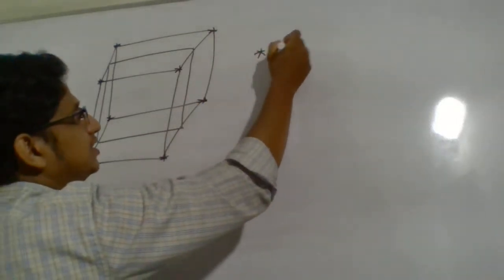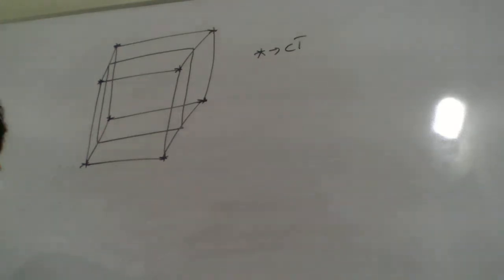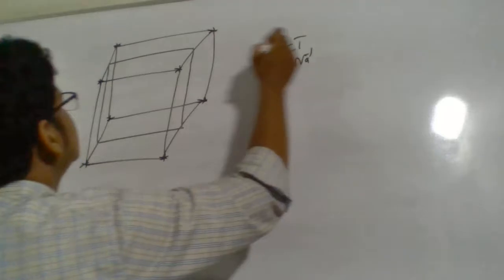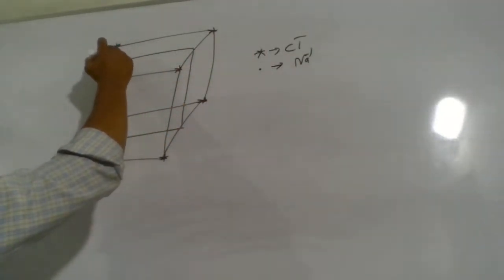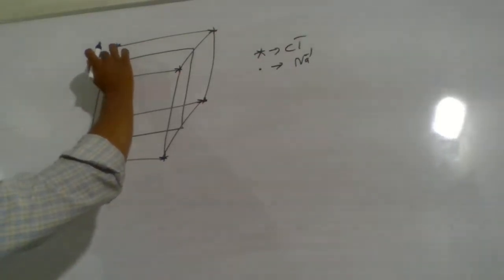So this is now marked like this. This is actually the chloride ion. Okay, that is the chloride ion, and representing with a dot, let it be Na plus. So the Na plus ion will be arranged with the dots.